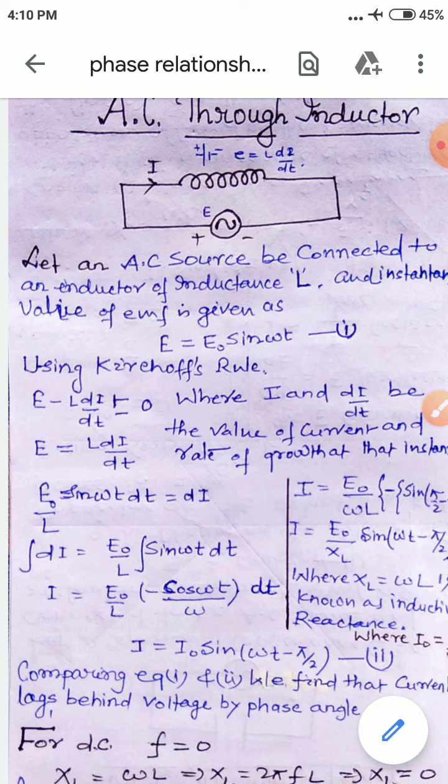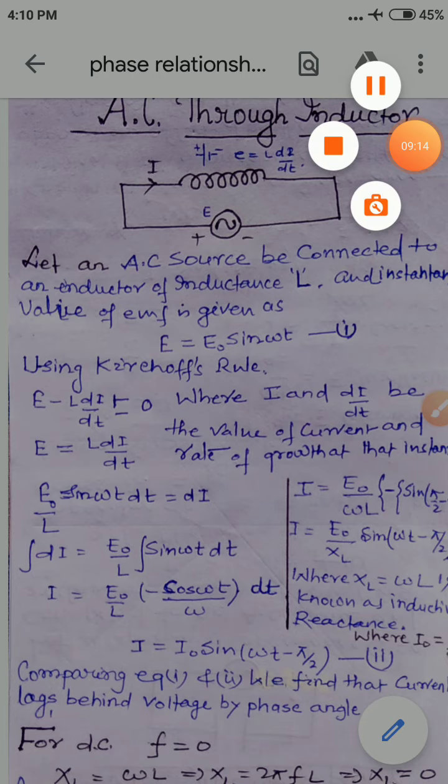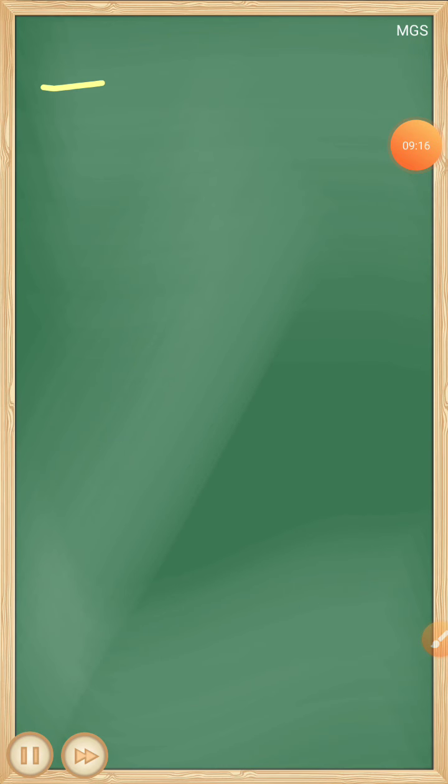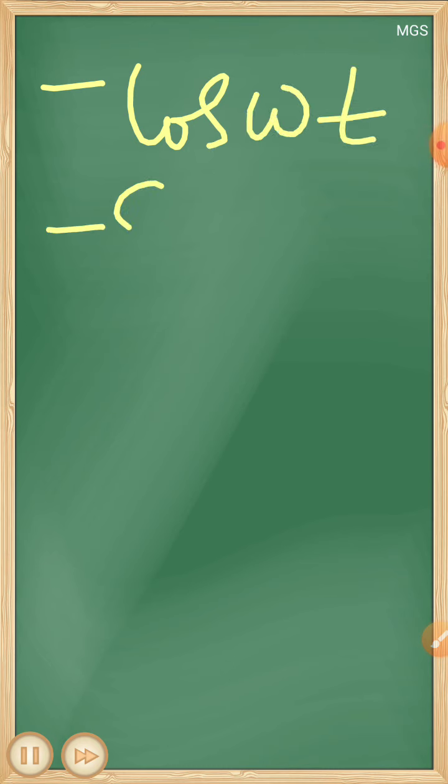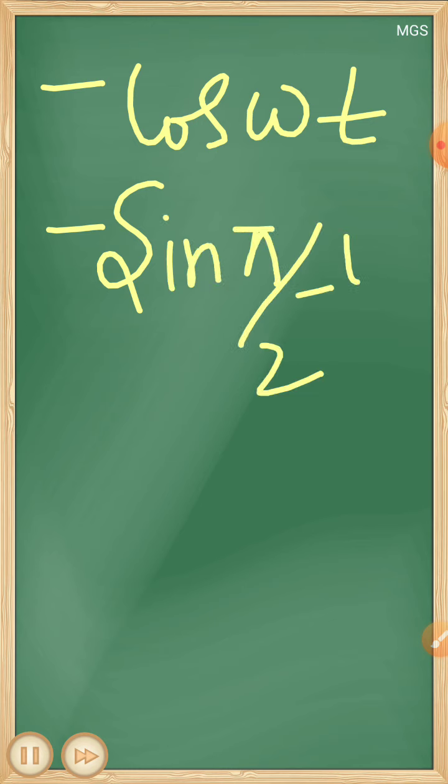Now here our aim is to express minus cos omega t in terms of a sine function, and in that sine function omega t must be positive. Now minus cos omega t. Sine 90 plus theta is cos theta, and sine 90 minus theta is also cos theta.